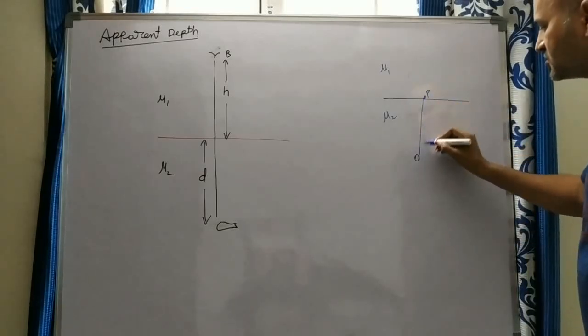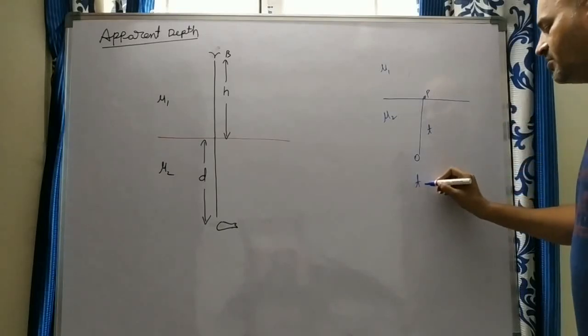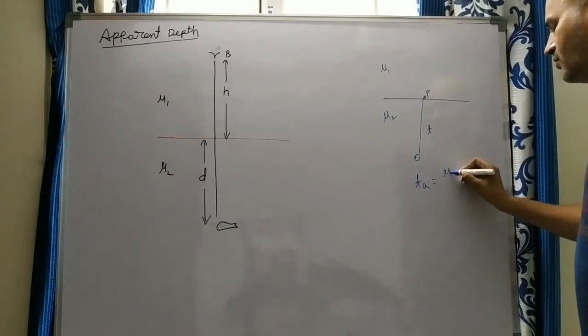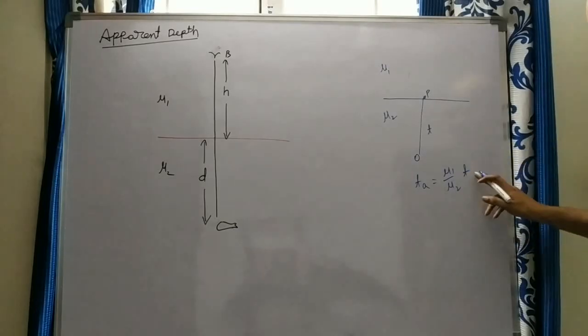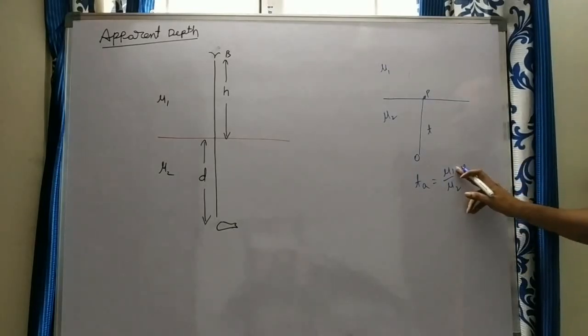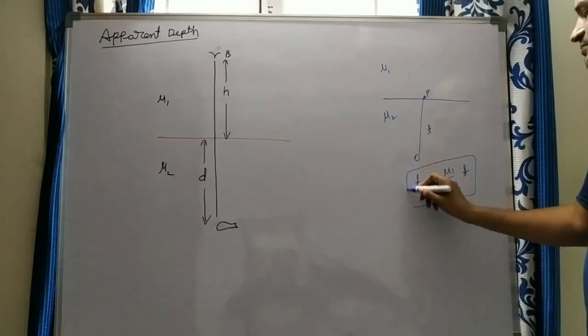If the actual depth is t, what is the apparent depth? The apparent depth formula is mu1 by mu2 into t, where t is the actual depth, mu1 is the medium from which the person observes, and mu2 is the medium in which the object is placed. This is the formula we have.